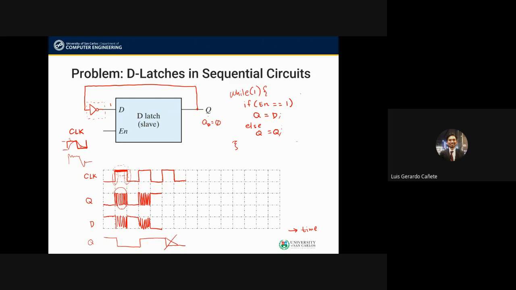There are applications where D latches work. But in most cases, when we implement a sequential circuit where timing is absolutely important, then we use D flip-flops, not D latches. Okay.